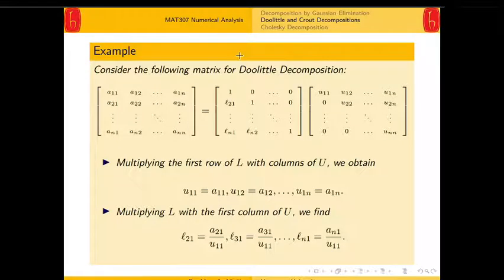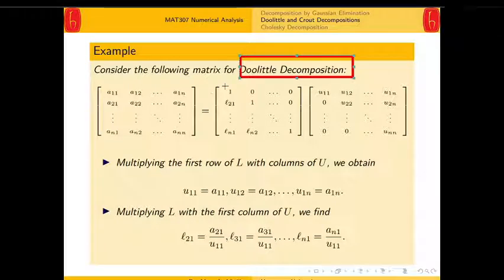First, let's consider the Doolittle decomposition. Say this is our matrix A, with entries A11 to Ann. All the entries are given, and we have the Doolittle decomposition. The lower triangular matrix will have ones on the diagonal entries, and the upper triangular matrix will be just an arbitrary upper triangular matrix.